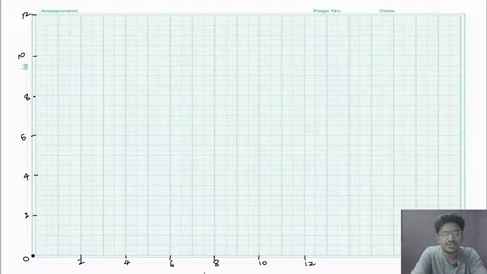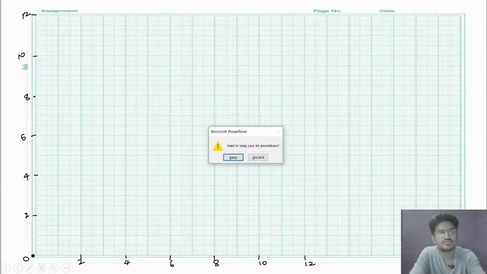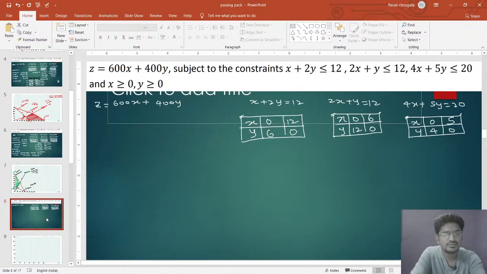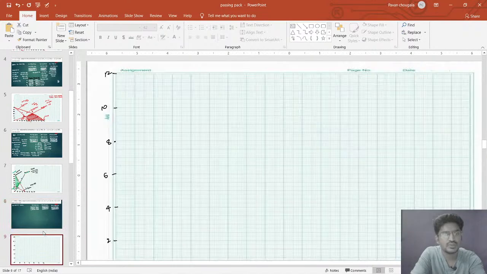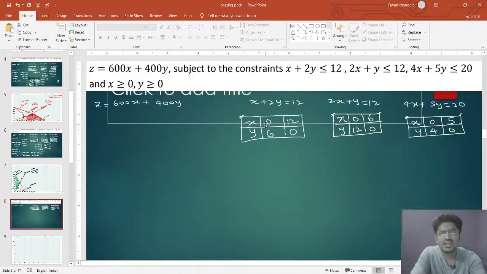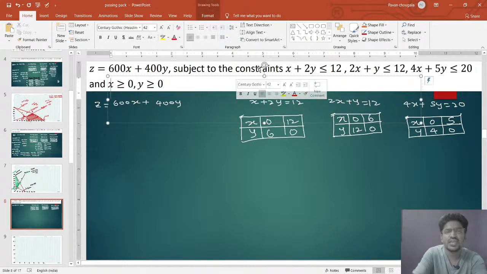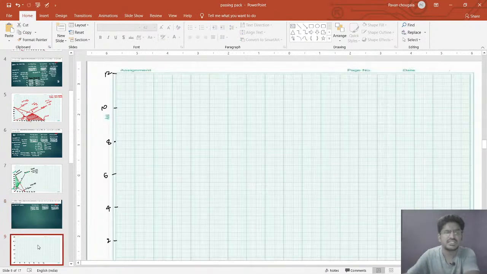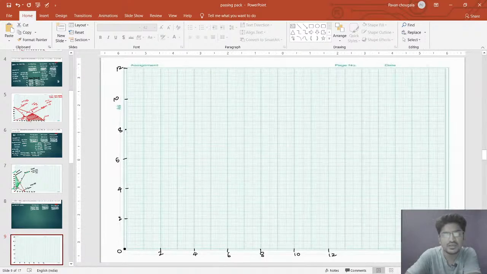What are the points? See the points and draw the line. So the points are x is 0, y is 6.